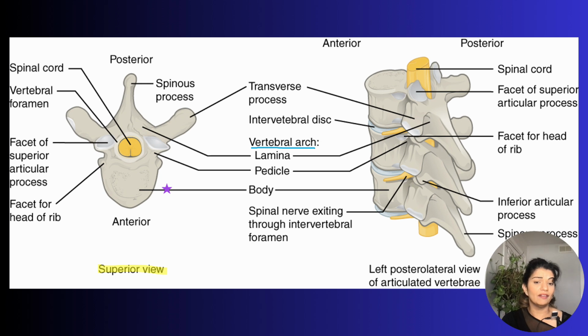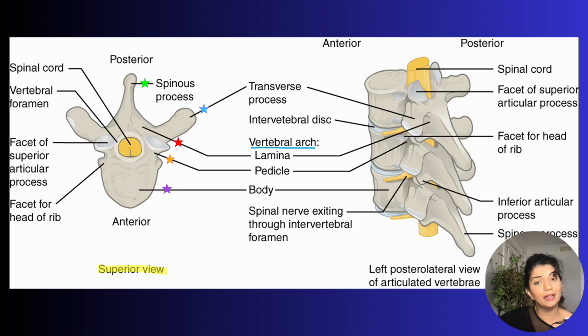It consists of the body. That's going to be in the anterior portion. And then it has something called a vertebral arch, which is the part that is underlined in blue, which has paired pedicles and laminae. Now, arising from the vertebral arch are several processes: transverse process and the spinous process.